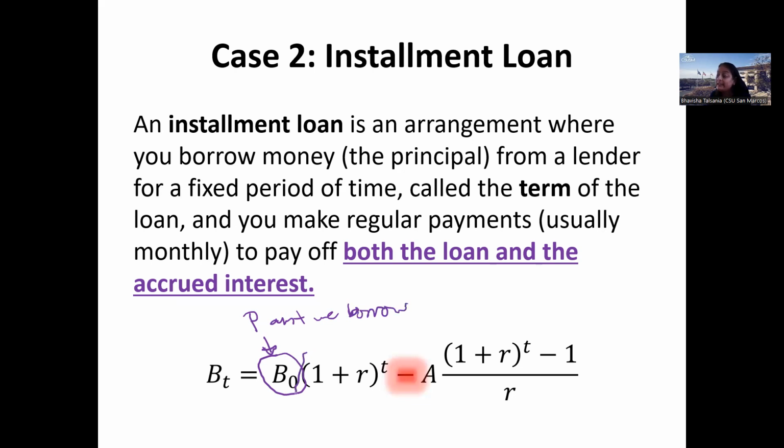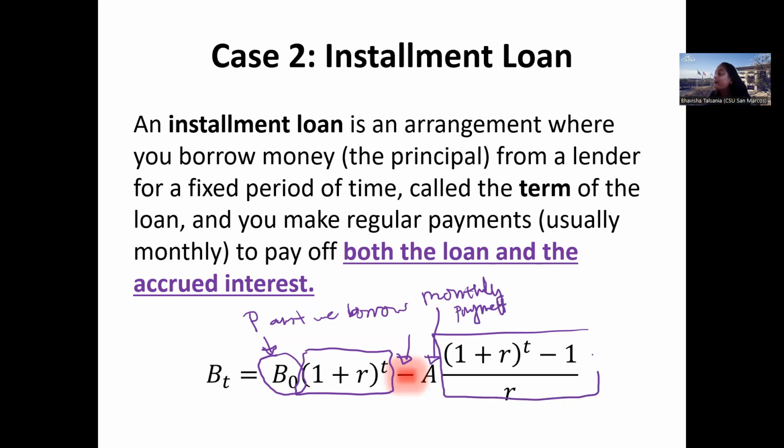And then we are getting accrued interest on it. But every month you're paying off something, so that's why there's a minus sign. And this A now becomes your monthly payment. And again, this becomes the compounding interest that you're paying off on your monthly payment.